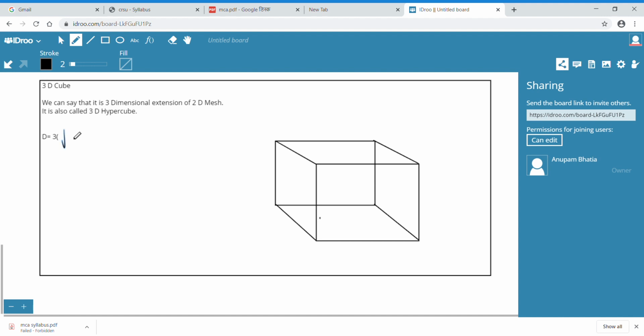Earlier we were writing, so here we have to write 3. Fine. Cube root of n.